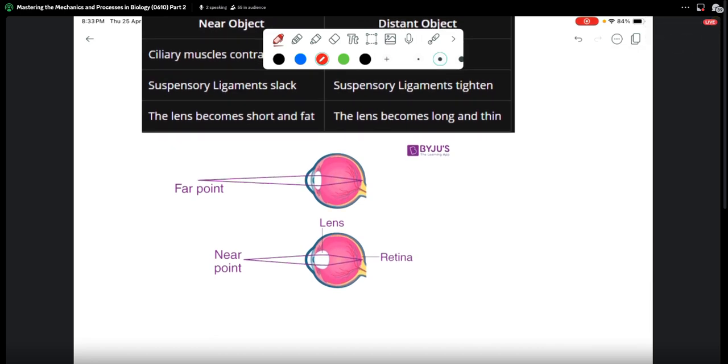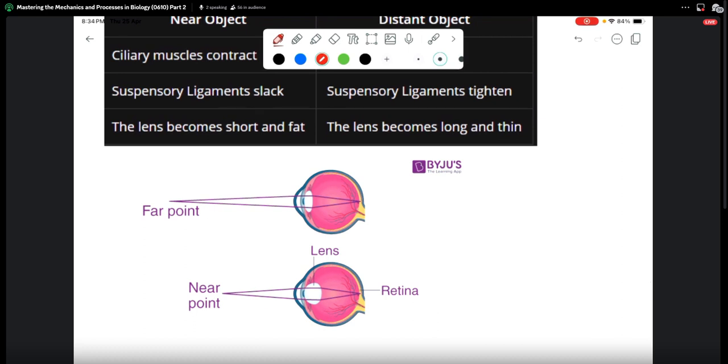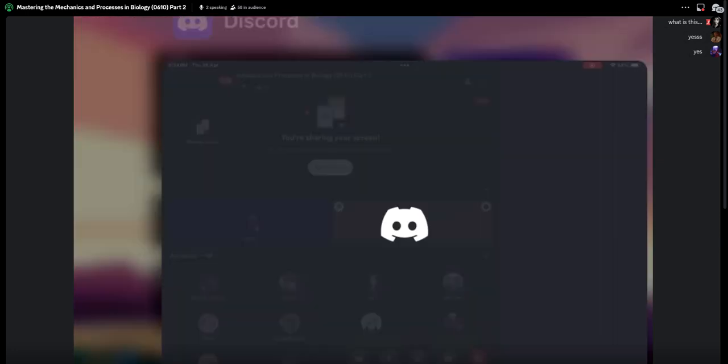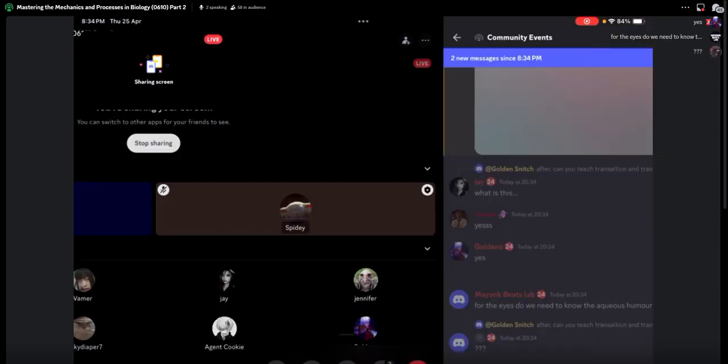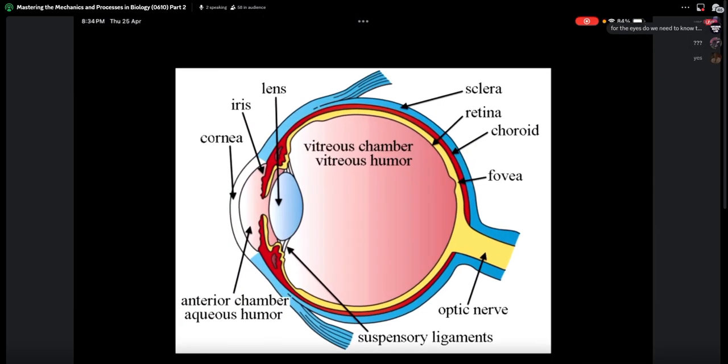Oh my god, what to do? You want me to go through the eye, the labelings, all those? Is it that one? Okay. Let me go back to Discord, and to the chat. Can you see my screen? You can still see, right?